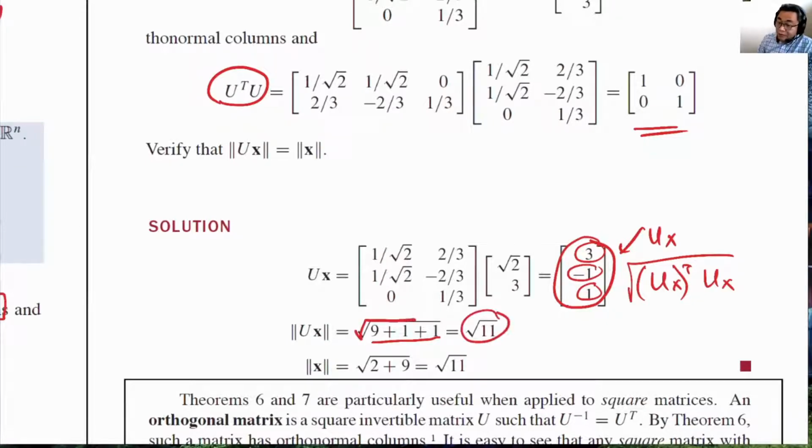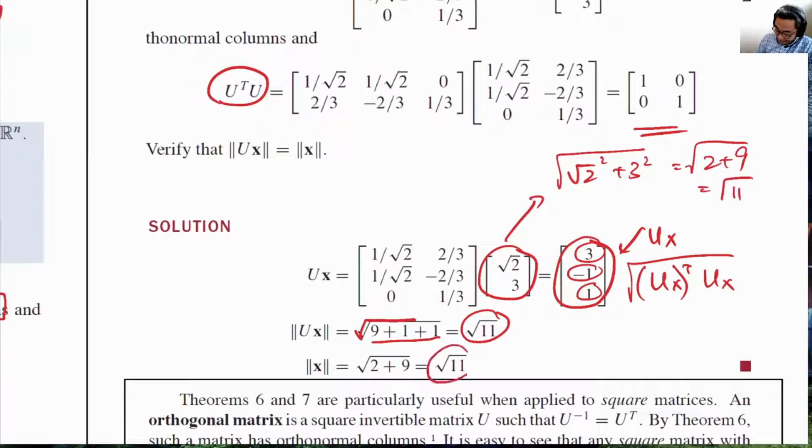This is the length of Ux, and then we can also compute the original length here. So this is the square root of 2 squared plus 3 squared, which is the square root of 2 plus 9, square root of 11, showing that, as expected, performing a linear transformation on x by U preserves the original length of x.